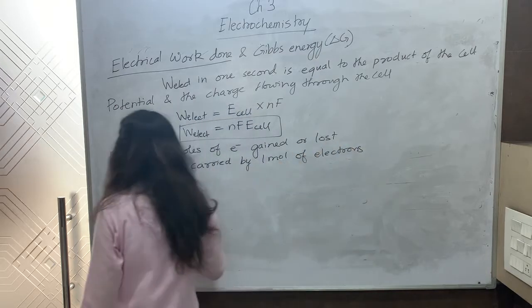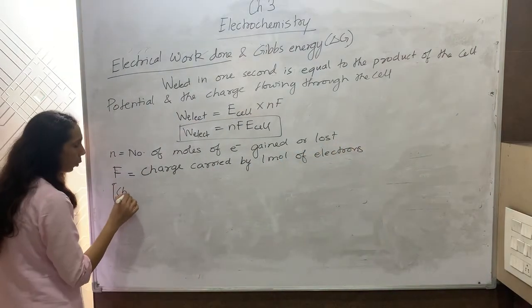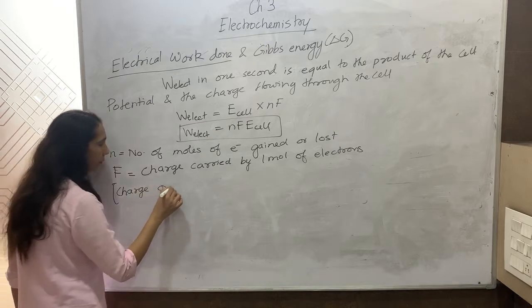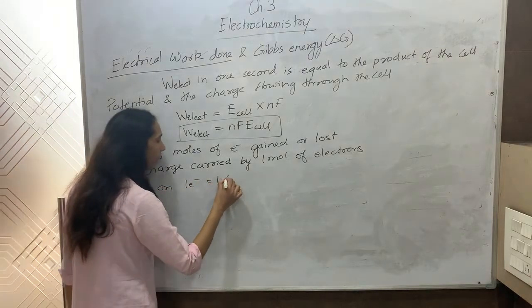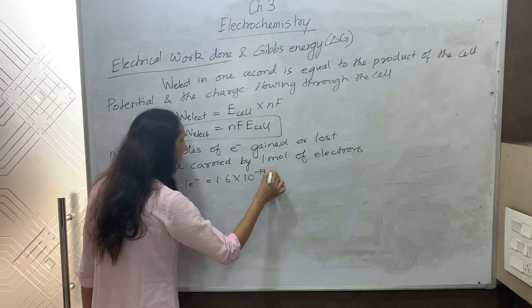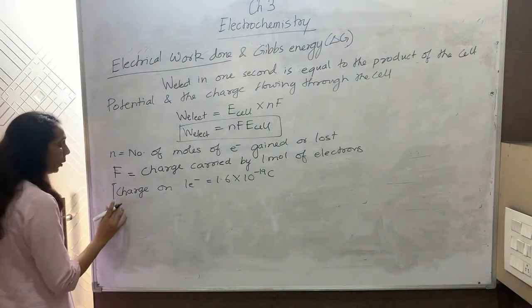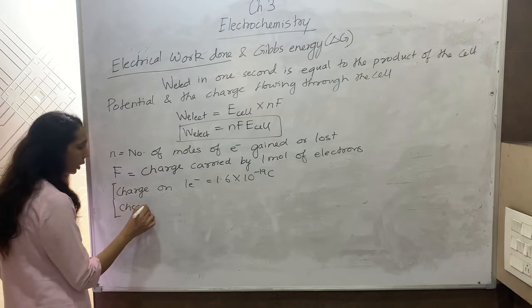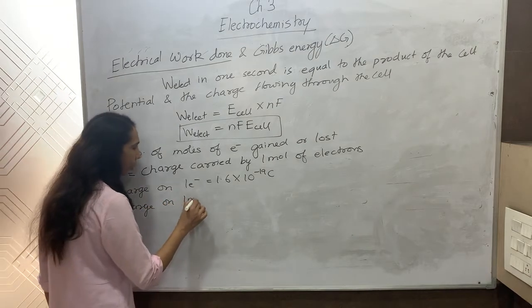We know that the charge on 1 electron is 1.6 into 10 to the power minus 19 coulomb. Now I calculate the charge on 1 mole of electrons.